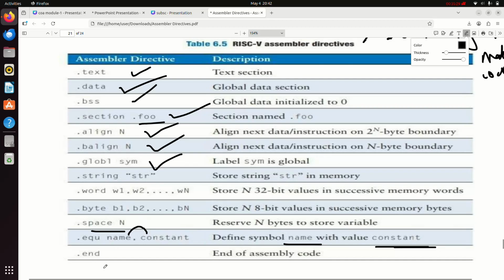Okay. .end is the end of the assembly code. It is the end of the assembly code.